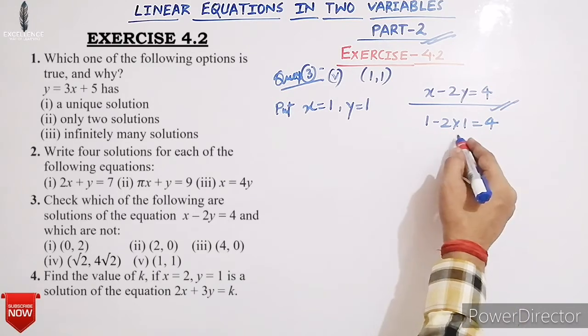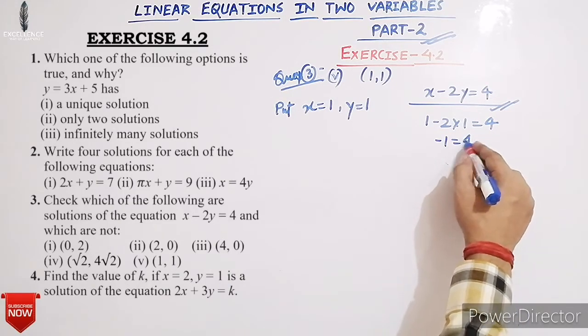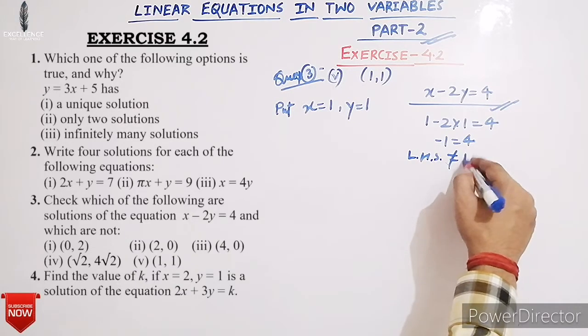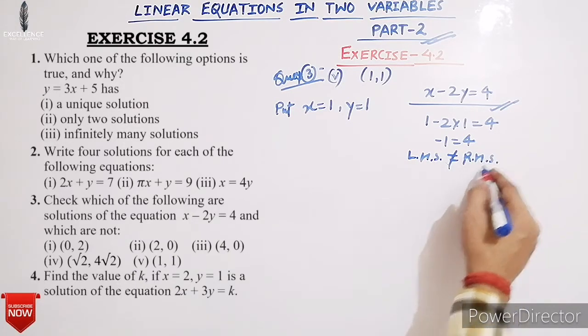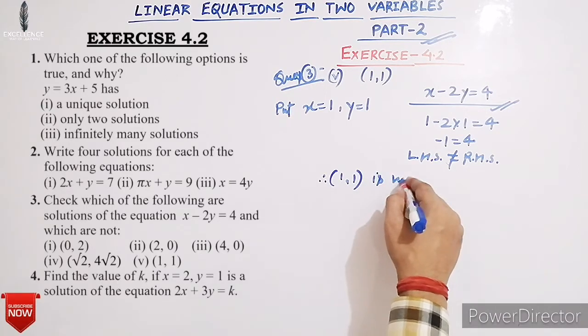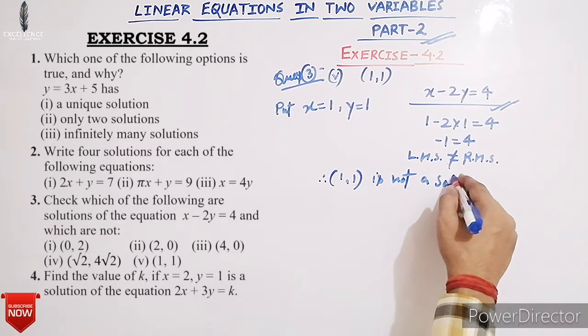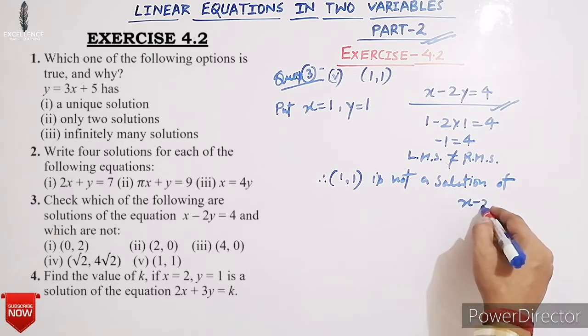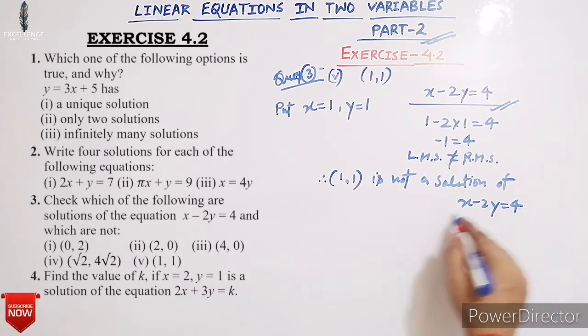So we have 1 minus 2, that equals minus 1. So minus 1 equals 4. So here LHS does not equal RHS. So (1, 1) is not a solution of this linear equation x minus 2y equals 4.